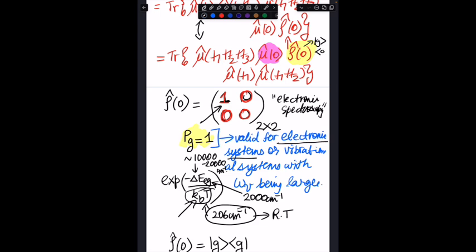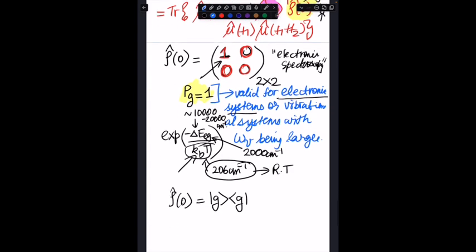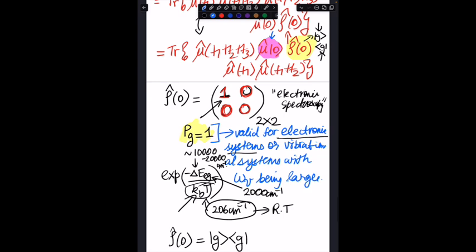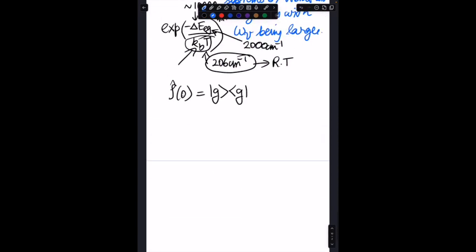You have a ket side and then a bra side to each element of your density matrix or density operator, and that's how the density operator is defined. It is the outer product of a state vector in the Hilbert space with itself. So all the elements of the density operator will have the same structure. And then this mu zero is essentially the transition dipole operator, which acts on the ket side of the equilibrium density operator. So how would I think of it?